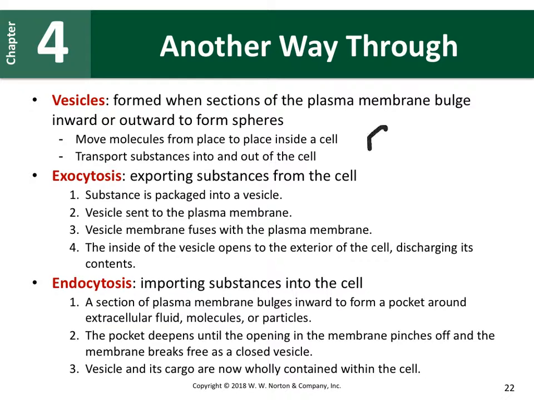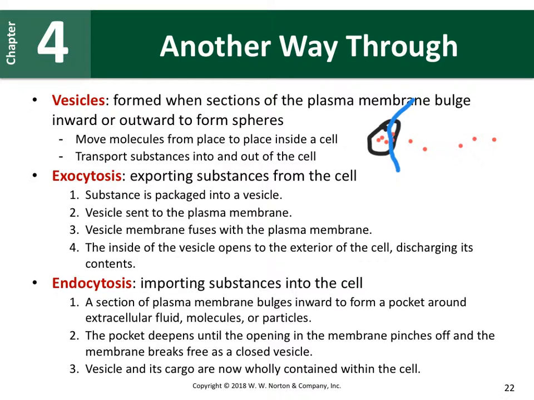So here's a little vesicle, and it's got things inside, and let's say the vesicle has things inside that it wants to put into the bloodstream. So it will contact the plasma membrane, and then it would open up and these particles will then flow out.